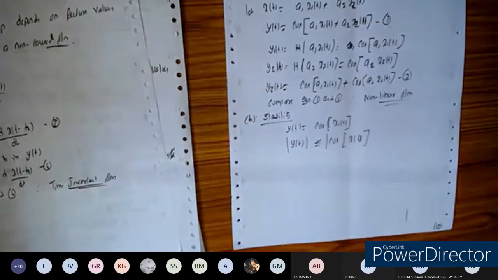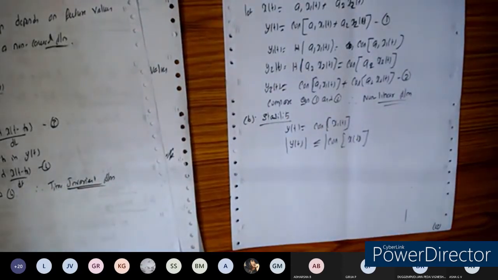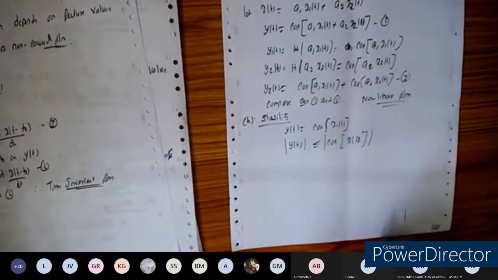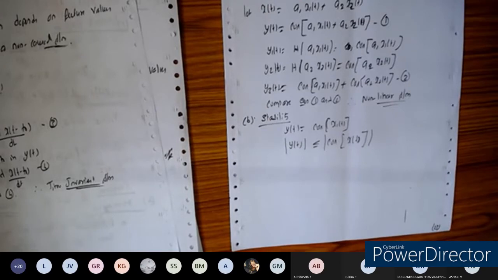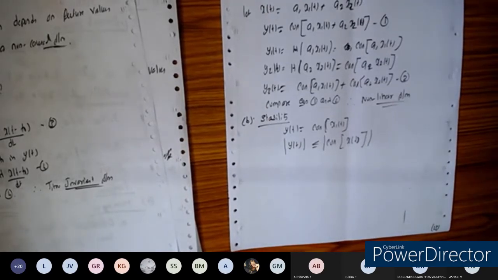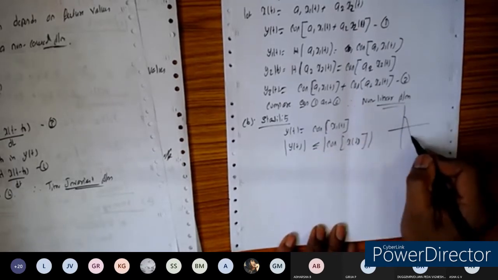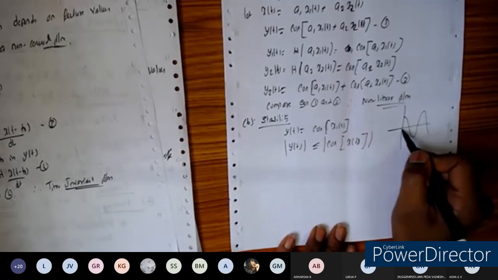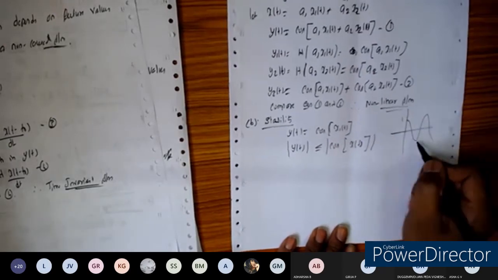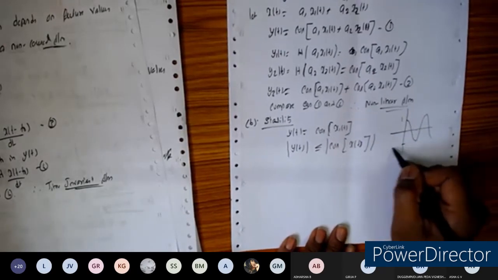Do you know what the maximum value of the cos signal is? If we consider the magnitude, what is the maximum value it can take? If I plot the cos signal, with no scaling factor, when I say cos 0, the maximum value is 1. Cos of minus pi is minus 1.